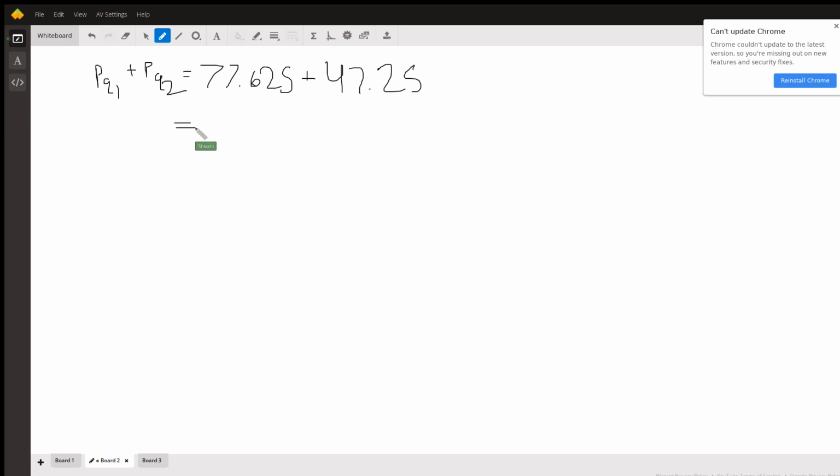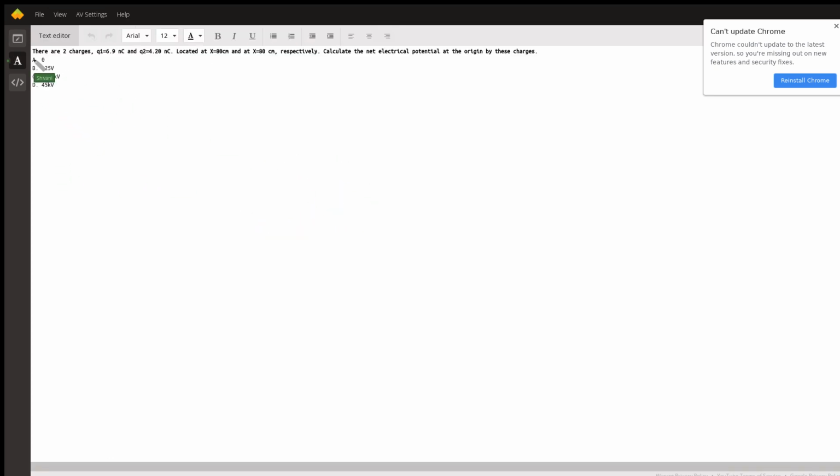And that would be 124.875 volts. And we can round it up to 125 volts, since if you recall, that was actually one of the answer choices, 125 volts.